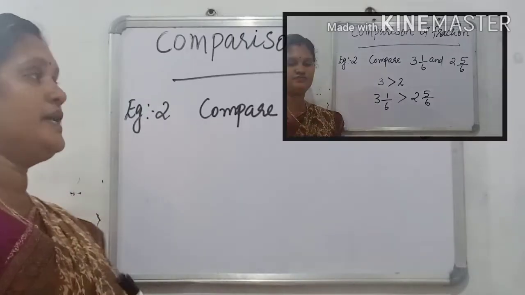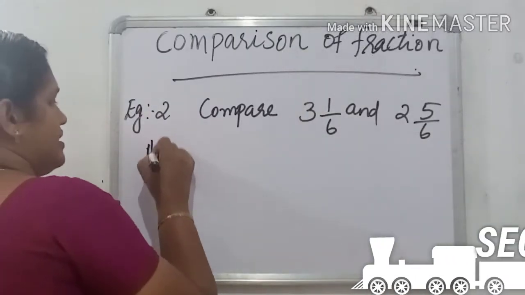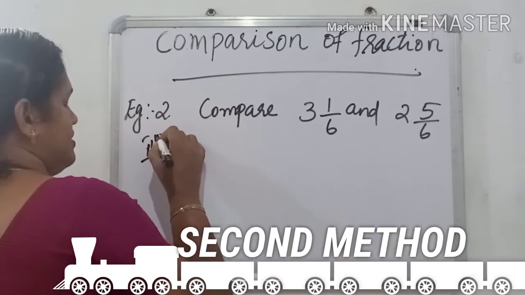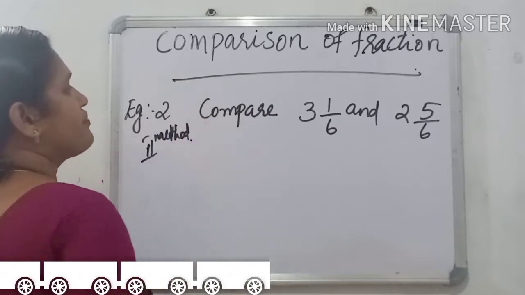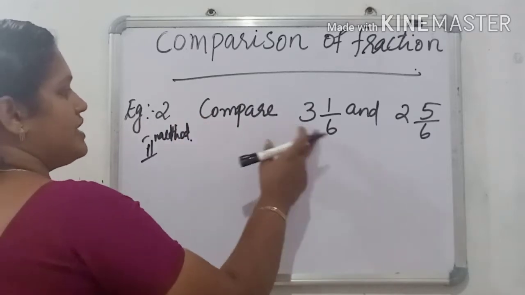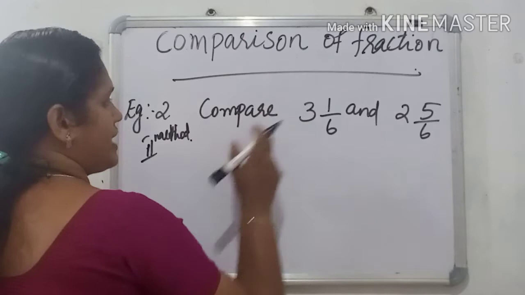Okay, another method, second method. First we have to convert them into improper fractions.